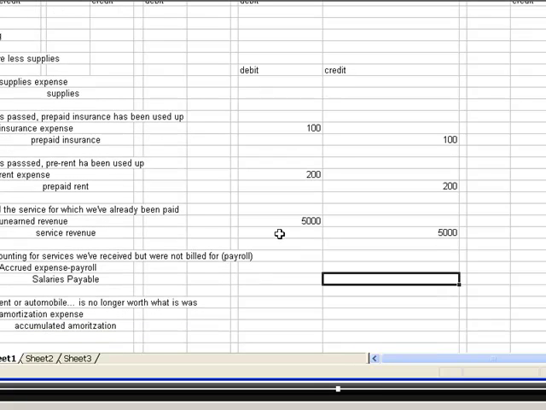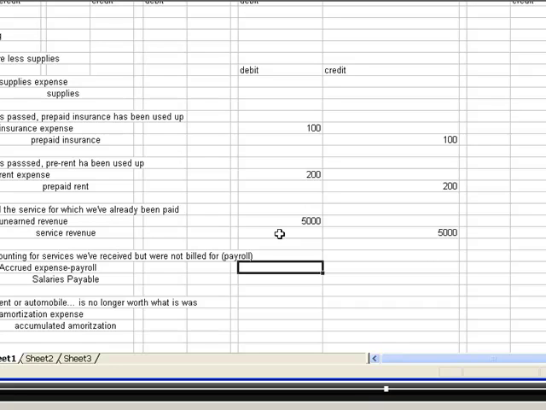Here we are accounting for services we've received but we've not been billed for. And a good one here is payroll, right? Our employees don't give us a payable for what we owe them, but let's say half their pay period has gone by and they're not going to get paid for another week. You actually have to account for that. So now we need to debit something called accrued expense payroll.